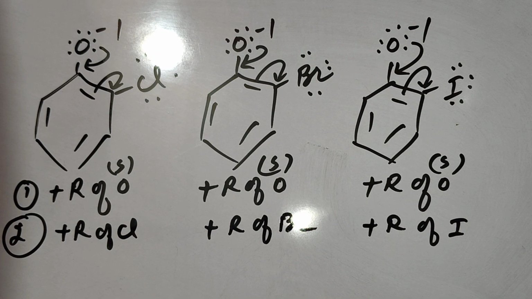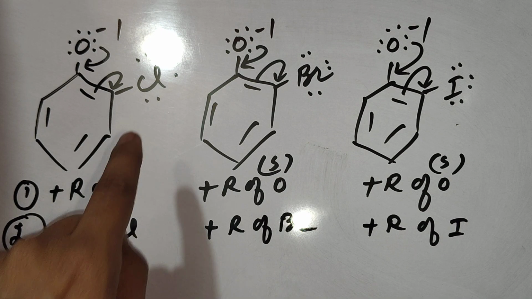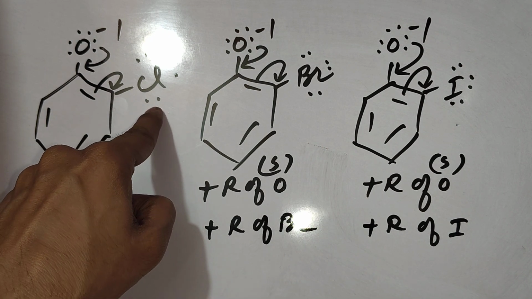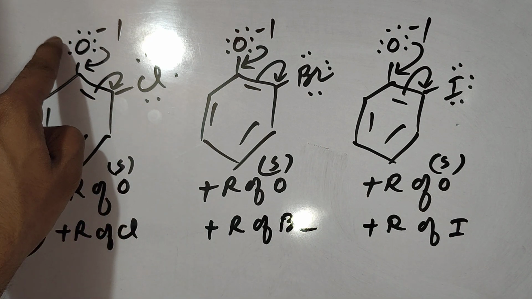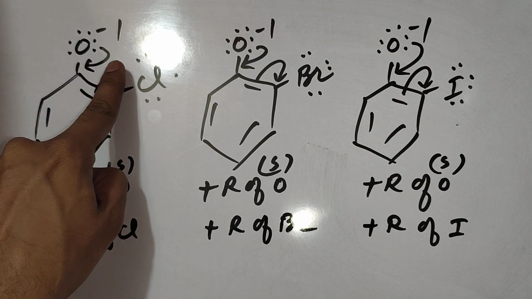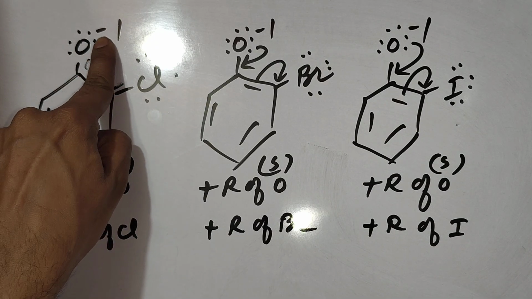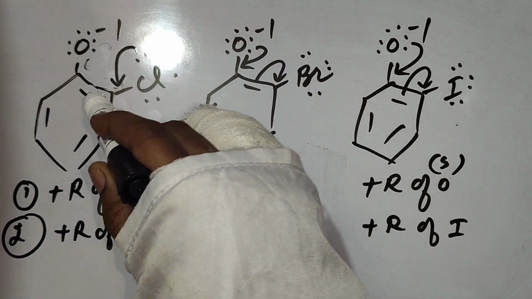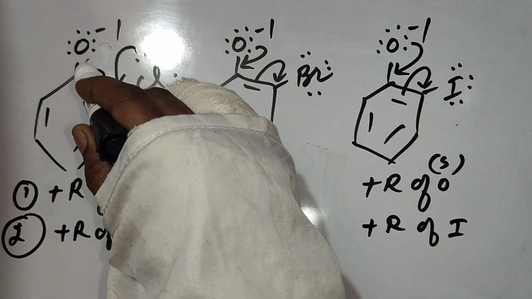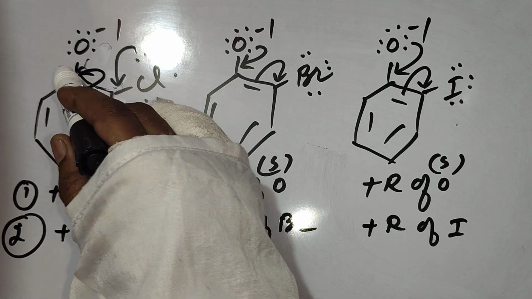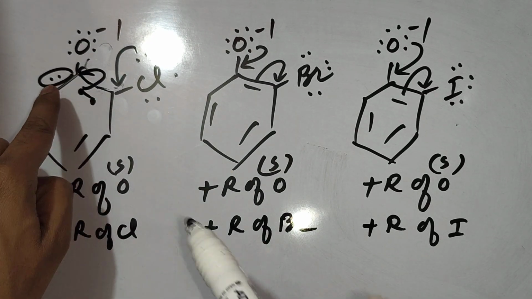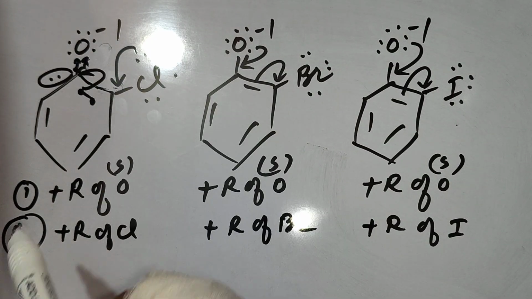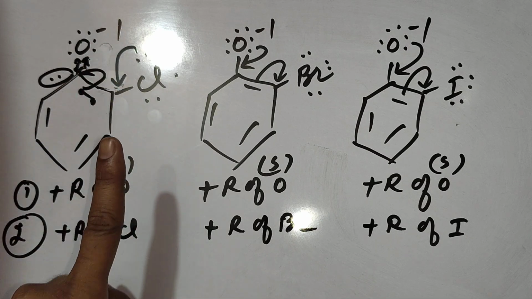And plus R effect of the substituent, because they are present on the ortho position. From the ortho position, if the substituent is operating plus R effect, it is going to destabilize the anion. Why? I have already told you many a time. When it shows resonance, check once again, like this, these pi electrons will be pushed to this carbon. Means on this carbon a lone pair will generate. This lone pair will repel the electrons of the carbon and oxygen toward the oxygen side, due to which the negative charge of oxygen will increase.